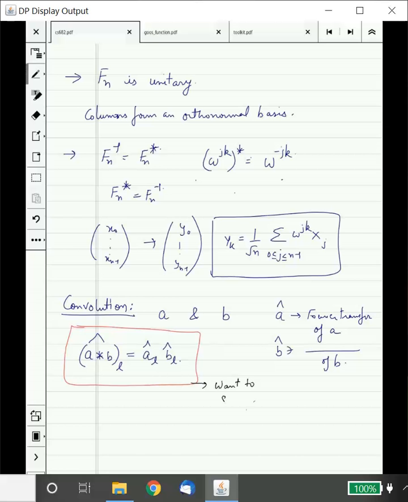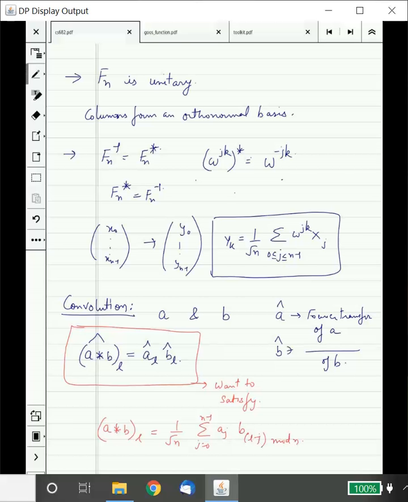And the way this can be done is that we define A star B, the Lth coordinate, to be 1 over square root n times a summation like this.